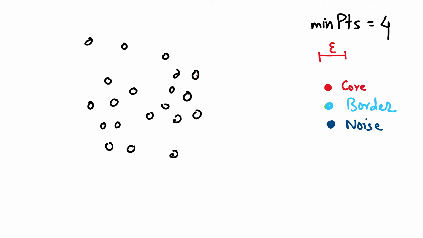So let's say we start from here. We see that it's connected to this, this and this. Here min points is again 4. So it's a core point, similarly this is a core point, this is a core point. Similarly this and this, but this is not a core point because it's connected to this and possibly this, so it's less than 4.